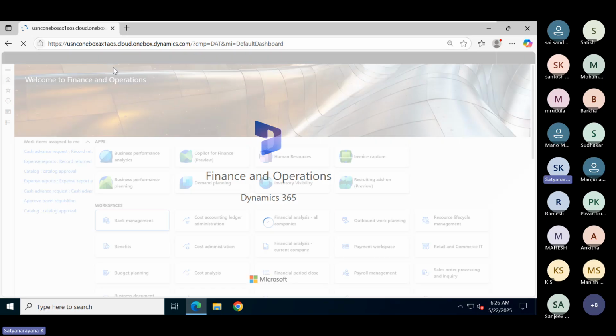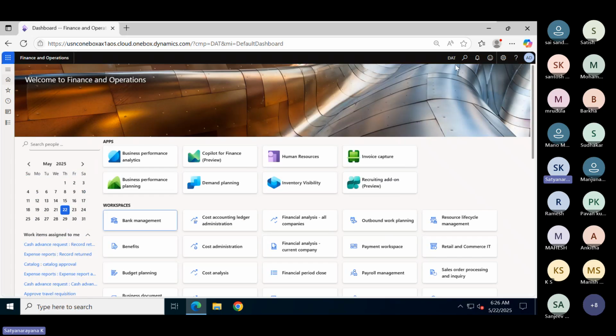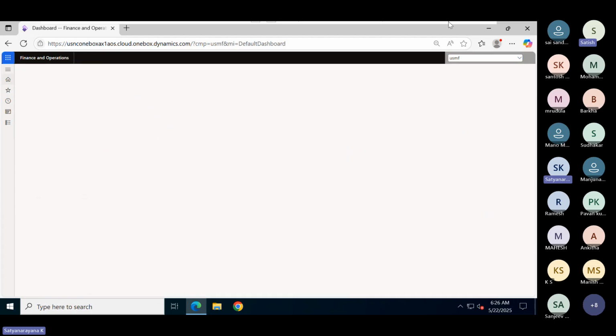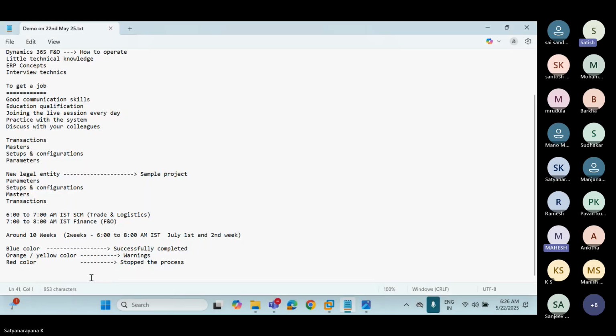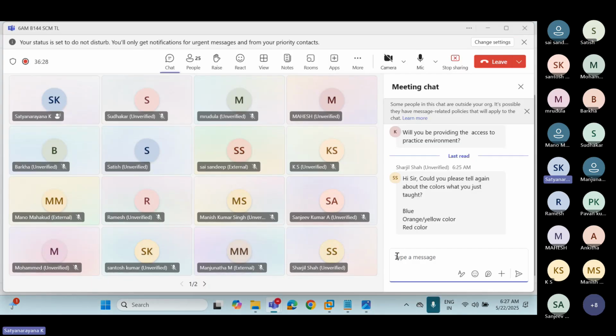If you want to practice, you need this application. Sir, it is already installed in my system, but for daily practical I want to attend some institute. See, if you join my session and want to come to an institute, I have a tie-up with an institute in JNTU. I can give you the reference.